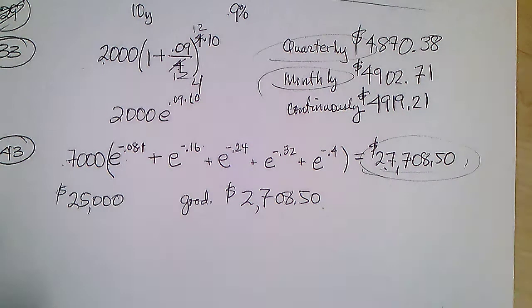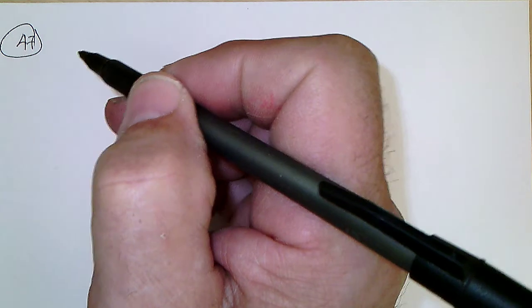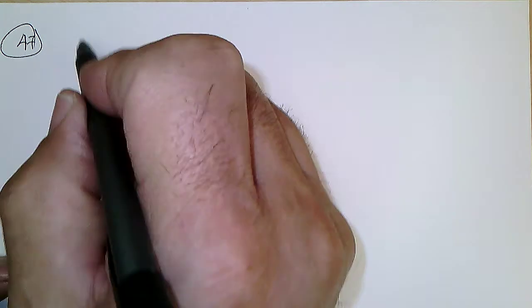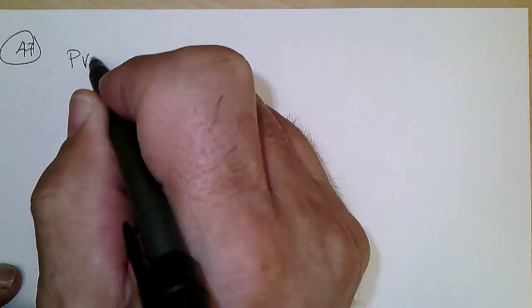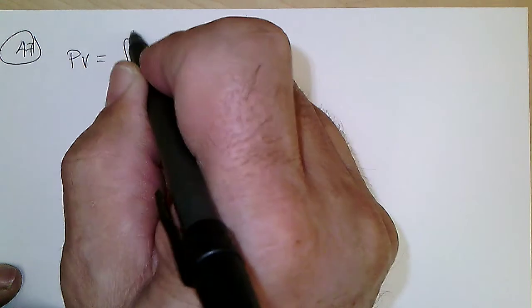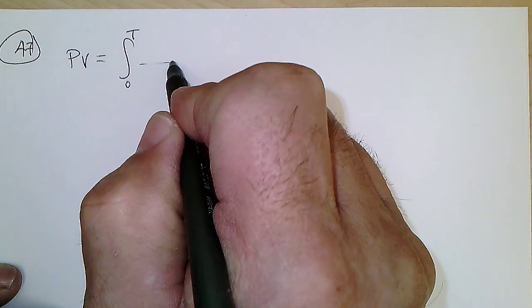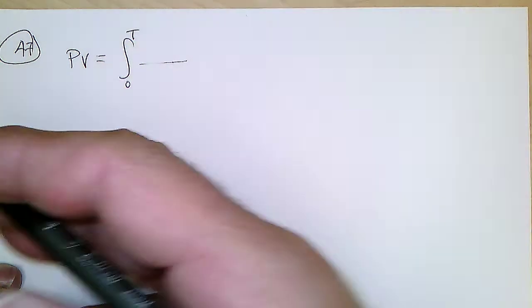Okay. And then 47. So now we're doing a problem where they said you got $5,000 that you get increasingly, you get money back. So it's happening continuously. So there's a formula for one that's continuously coming back, and it says the present value will be the integral from 0 to however much time of the formula for the value going down.